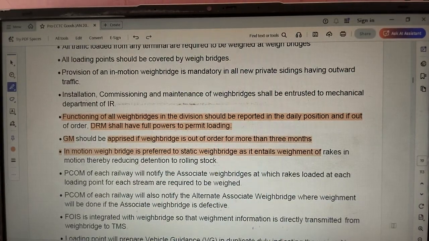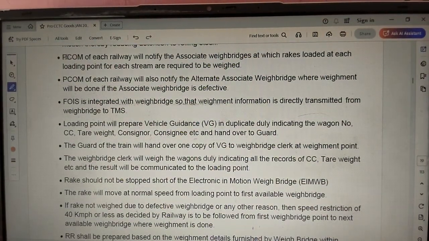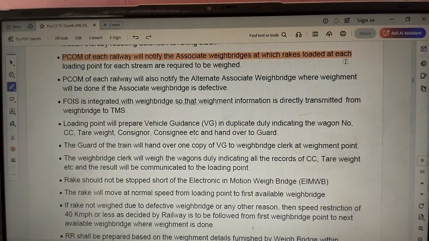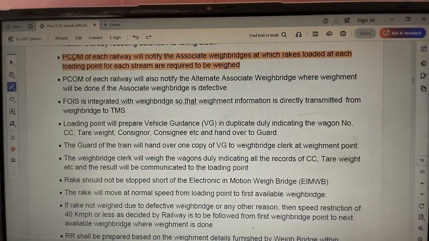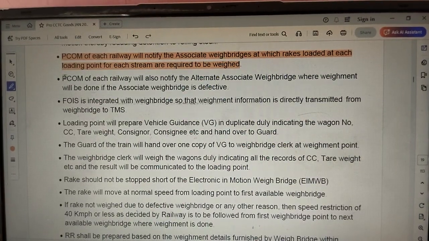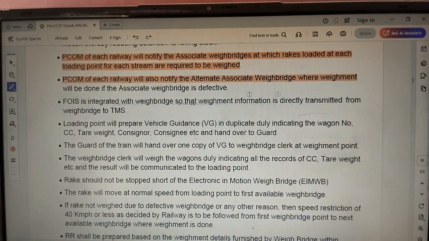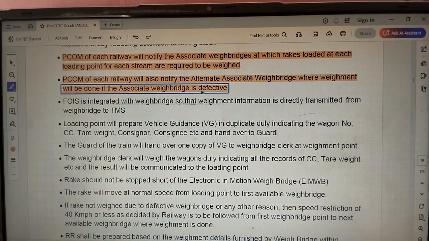Now see the weighment notification. The PCOM, Principal Chief Operations Manager, of each railway will notify associate weighbridges at which rakes loaded at each loading point for each stream are required to be weighed. The PCOM's office of the railway will also notify the alternate associate weighbridges where weighment will be done when the associate weighbridge is defective.